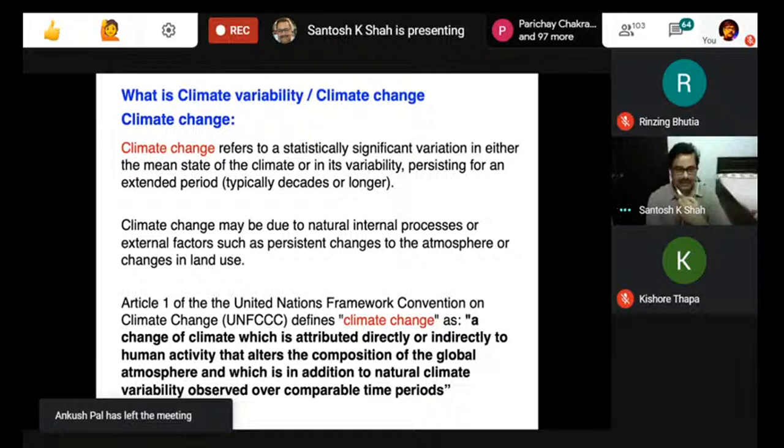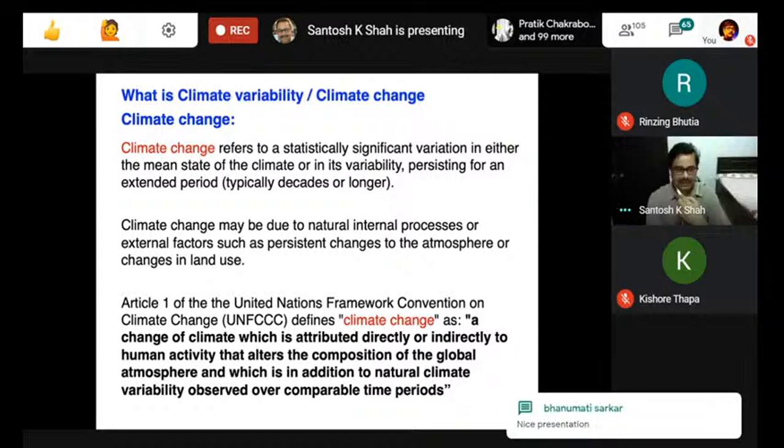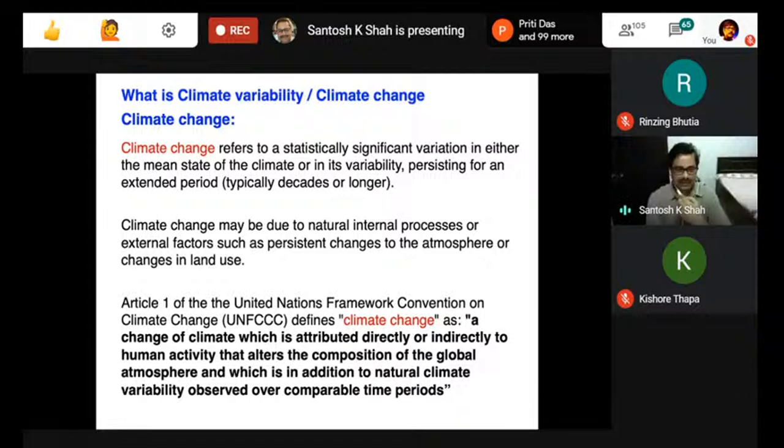The climate is changing or affected in various time periods. Even when humans were not there, like in the PETM, the Paleocene-Eocene Thermal Maximum, climate also changed. Even at that time, the carbon content of the atmosphere was much higher than today's.